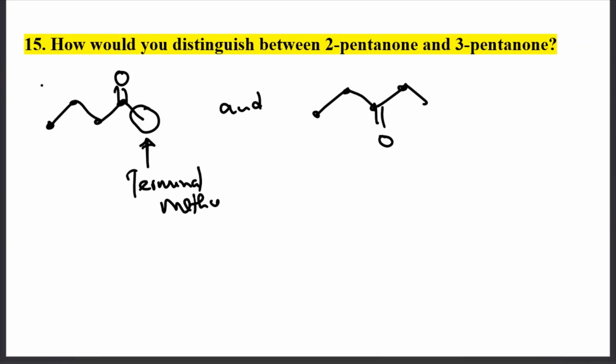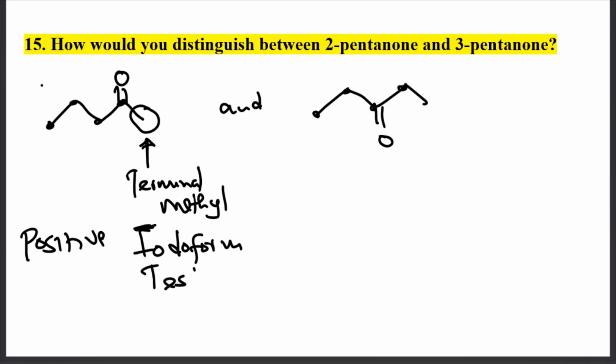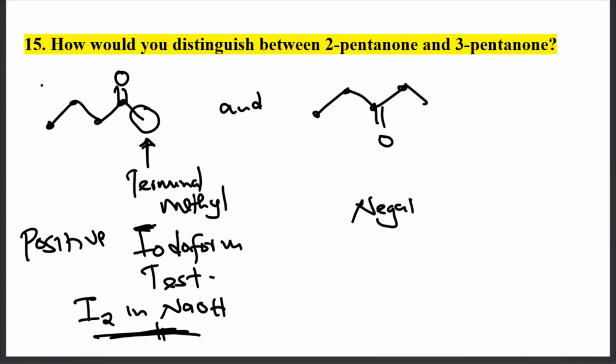So meaning that it will give a positive iodoform test. When you react it with iodine in sodium hydroxide, it will give a positive iodoform test. This one doesn't have a terminal methyl, so this one will give a negative iodoform test. That's how you differentiate them.